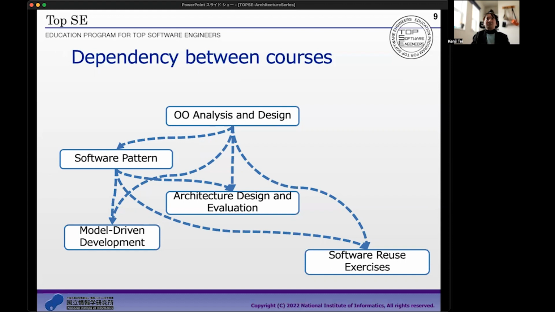And if students are interested in embedded system development or low code or no code development, model-driven development is highly encouraged. Students also improve not only architecture design, but also general designing techniques. So the software reuse exercise will provide a good exercise to improve their analysis, design and implementation skills as well.